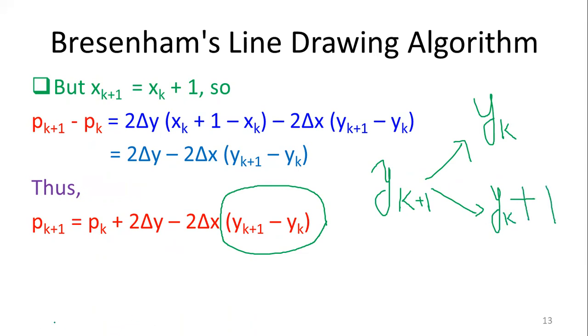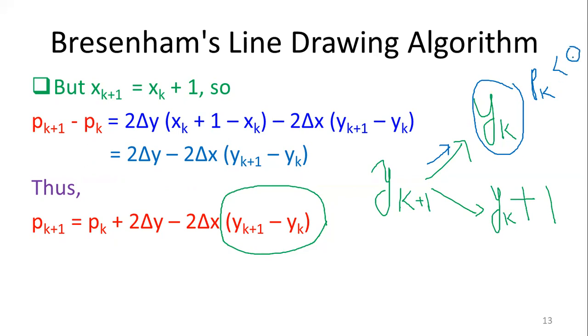And when will yk plus 1 be yk itself? Yk plus 1 will be yk itself when pk is less than 0.